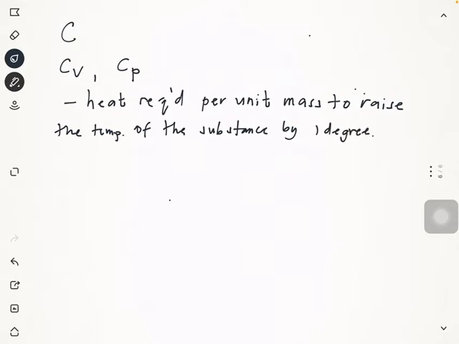Okay, so considering here the CV, in our previous discussion of the first law, we have this formula, the inexact differential of Q is dU plus the inexact differential of W. Since W is PdV, and we have a constant volume, the work is equal to 0.